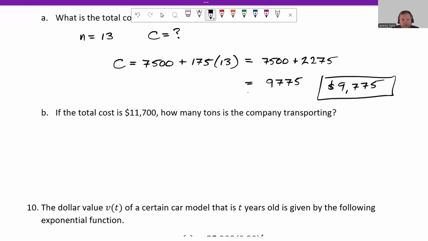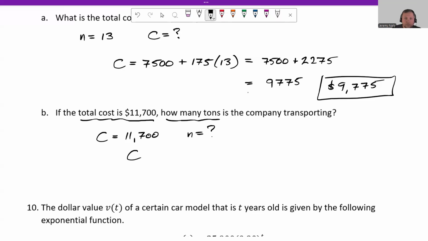The next one says, if the total cost is $11,700, how many tons is the company transporting? So now you can see they're giving us a dollar value here. They're even calling it the total cost. So they're telling us that C is this 11,700, and it says how many tons. So I don't know. That's what we're trying to find.